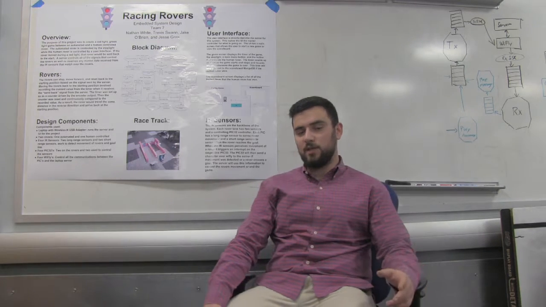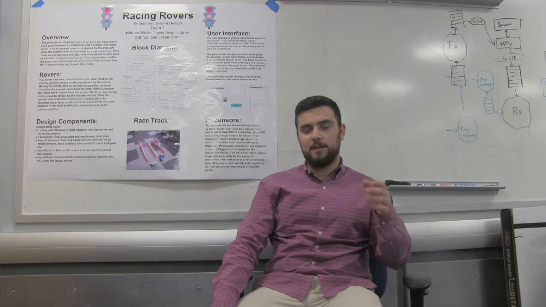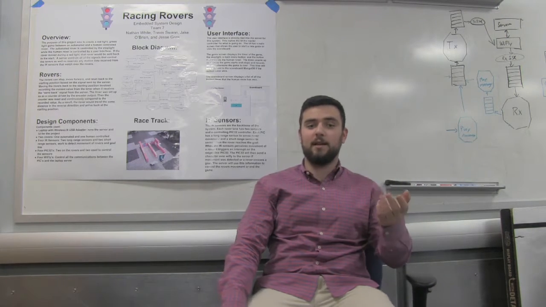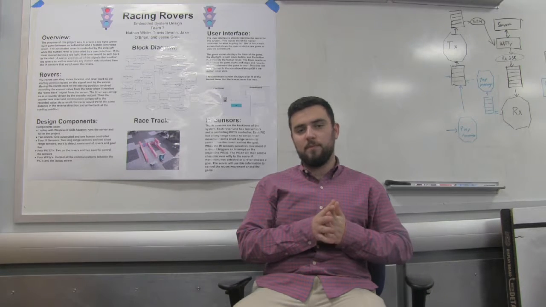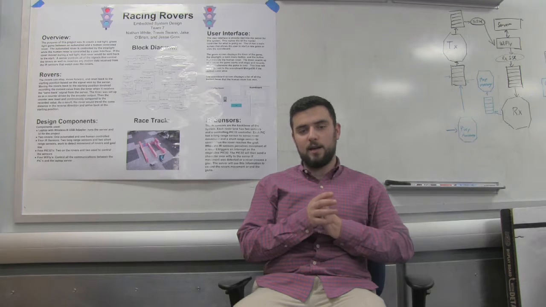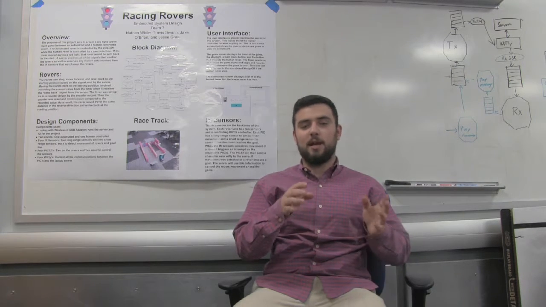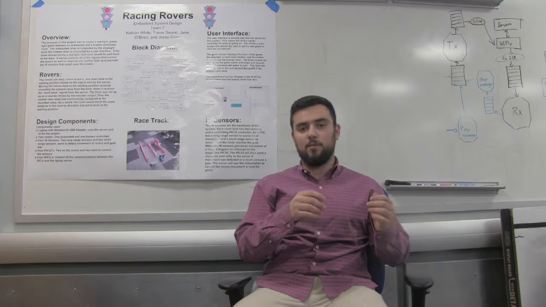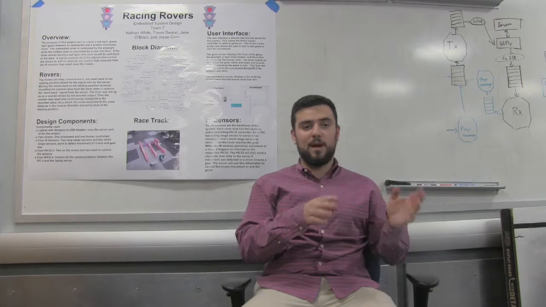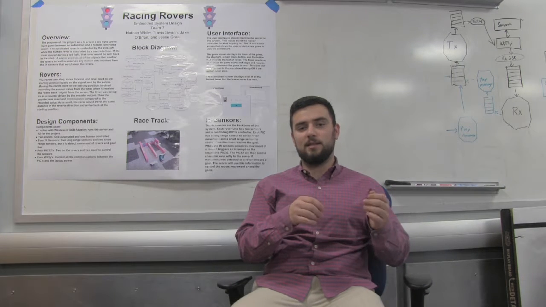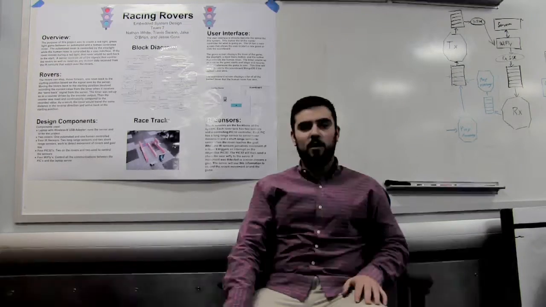After a fourth of a second, the main task would then get that data and compare it to the last data that it got. If there's a large enough change, about 3 centimeters or more, then the rover would send a character to the server saying that the rover had moved forward, or if it decided that it had passed the goal line, it would send the character to the server saying that it had passed the goal.